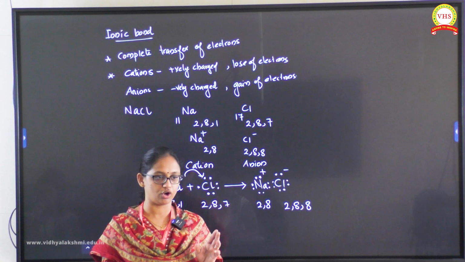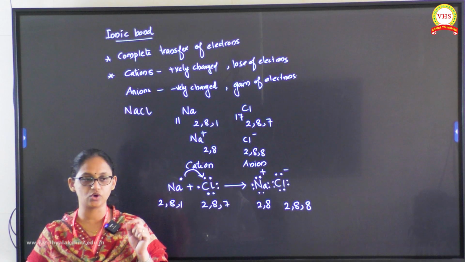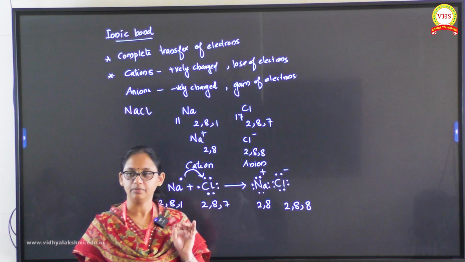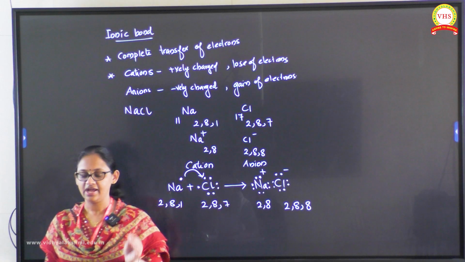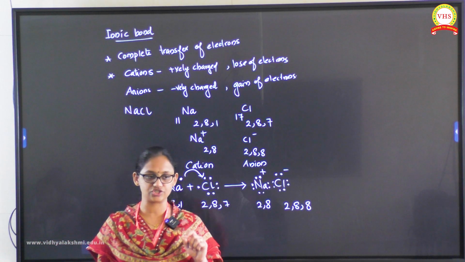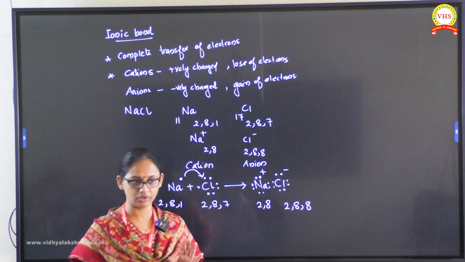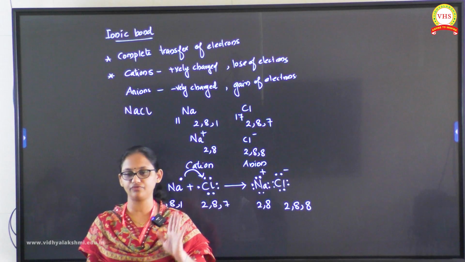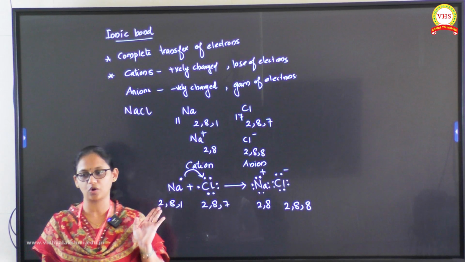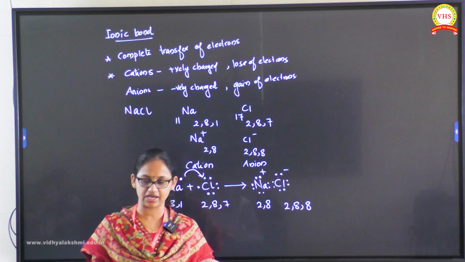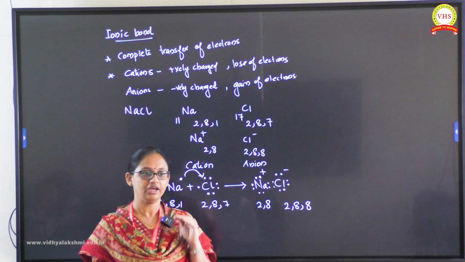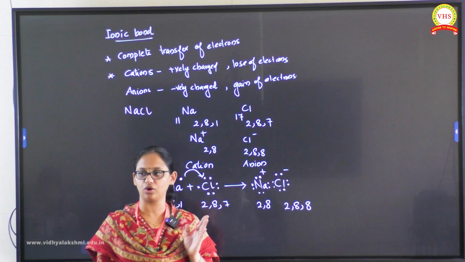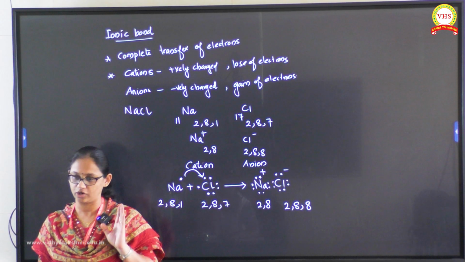During the formation of the NaCl compound, sodium transfers its electron to chlorine, and sodium becomes a positively charged cation and chlorine becomes a negatively charged anion. Both get a stable electronic configuration after the formation of NaCl. Before it is not stable, but after the formation it completely satisfies which rule? Octet rule. They both got a stable electronic configuration.